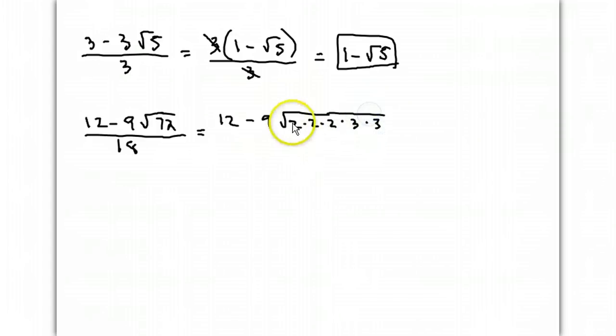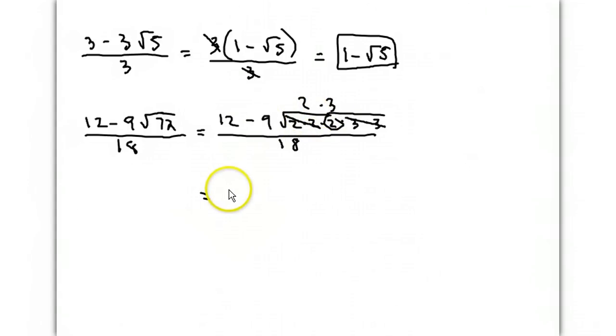So out of a square root, these two 2's will turn into a 2, and these two 3's will turn into a 3. All you have left under there is a 2. So that's going to give you 6, and you multiply it times a 9, which gives you 54. So you're going to have 12 minus 54 square root of 2, divided by 18.